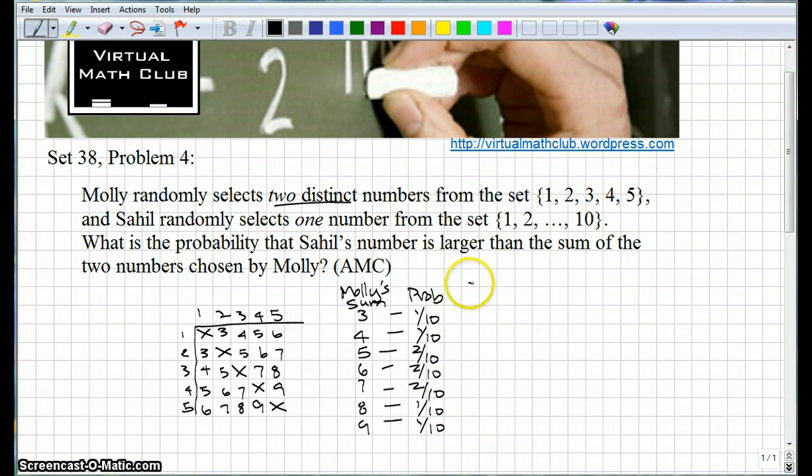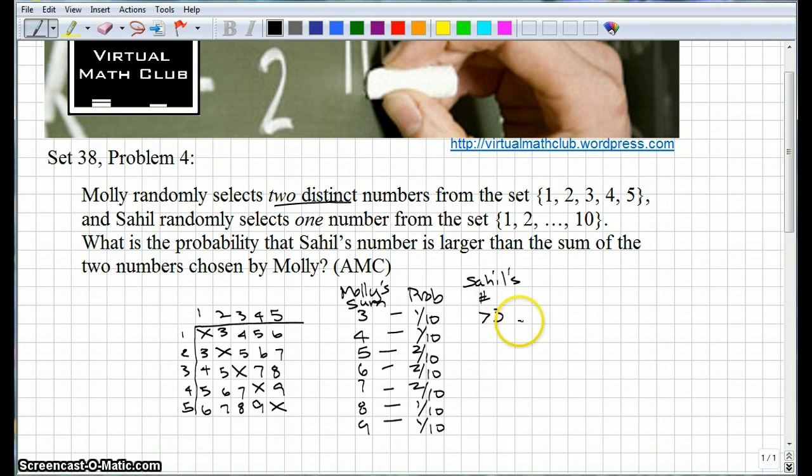Now let's look at Sahil's number. He's just choosing one number from 1 to 10, and we're looking for the probability that Sahil's number is larger than Molly's sum. If Molly's sum was 3, Sahil's number would have to be 4 or greater, so it's got to be greater than 3.